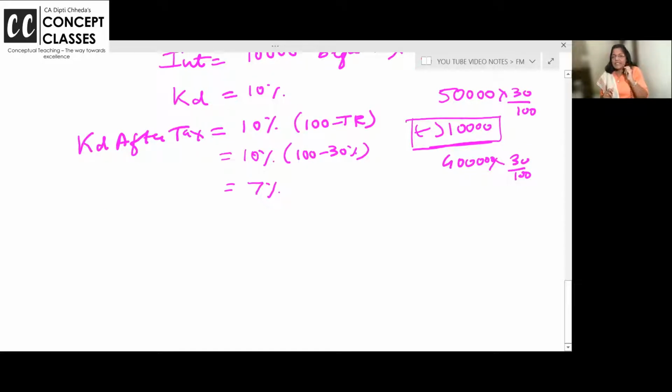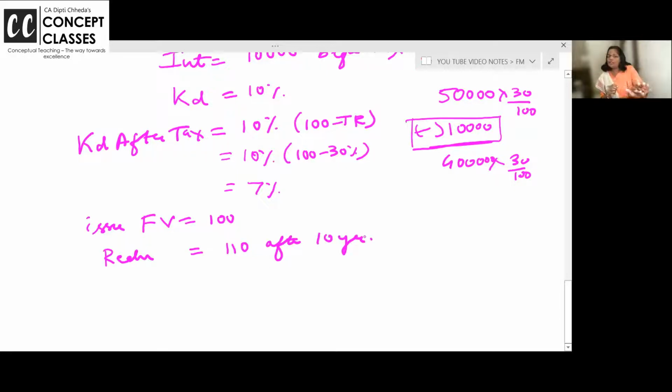Okay, these debentures are issued, say, issue price, face value is 100. But I have decided to redeem debentures at 110 after 10 years.